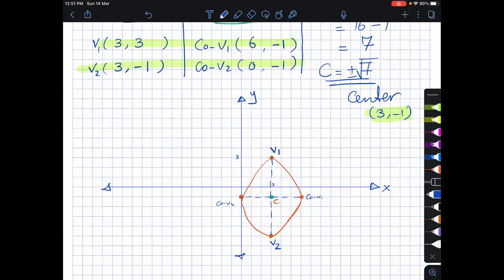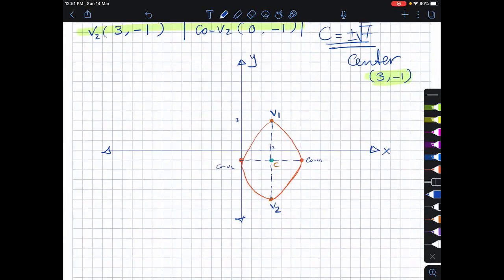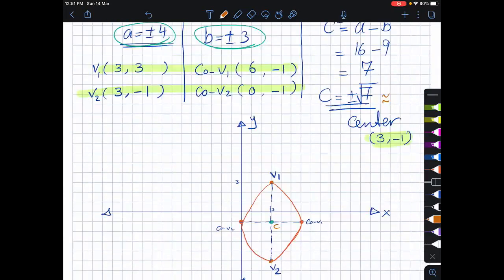Now the foci, F1 and F2. From the center we have to move radical 7. Radical 7 is greater than 2 squared, 4, and less than 9, so it's nearer to 9 a little bit, so we can say 2.6 or 2.7.